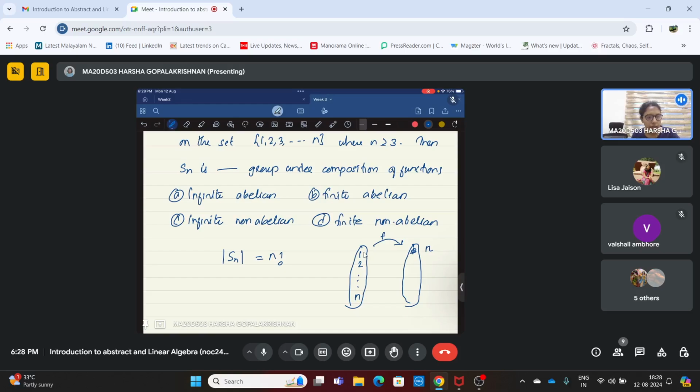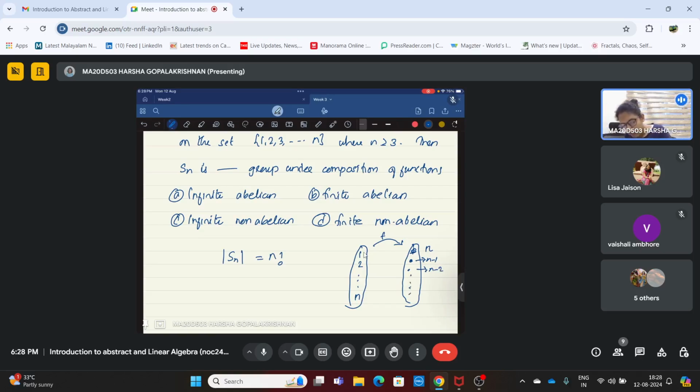Now for 2, I have n minus 1 choices only, because for 1 I have fixed one element, say 5 or something. Other than that 5, I have n minus 1 choices. For 3, I have n minus 2 choices, since 2 choices are already used by the other 2 elements.